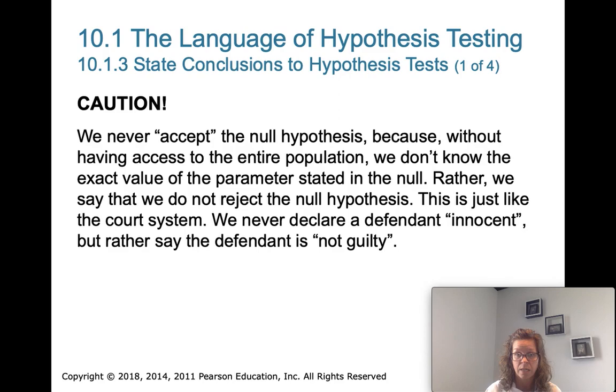Again, like our court system, we never declare somebody innocent, we declare them not guilty. Okay? We don't know if they're actually innocent. We hope that the court system worked out right and that all the lawyers did their job and that we didn't make an error here. But because we can't actually know for 100% fact that somebody's innocent, we can only say that there's not enough evidence to say they are guilty. Okay? So we never accept the null. We only say we do not reject the null.